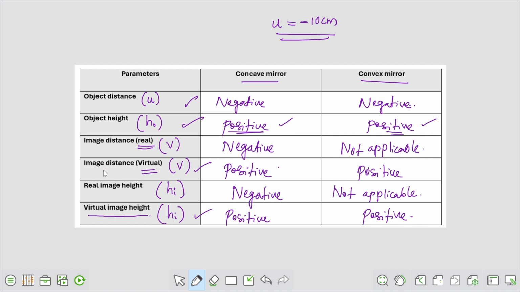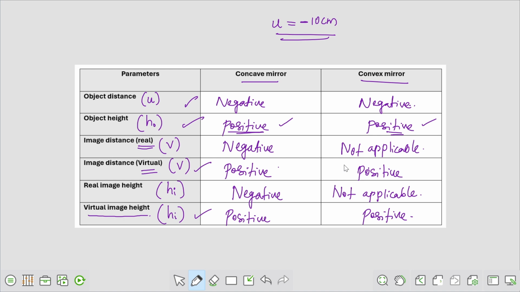Then virtual image distance is also positive for both because it is formed at the right side. Real images are formed only by concave mirror. So convex mirror doesn't form a real image. So there is no confusion for that. Okay, only for real cases, which is not applicable for convex mirror, rest all cases are same for both.